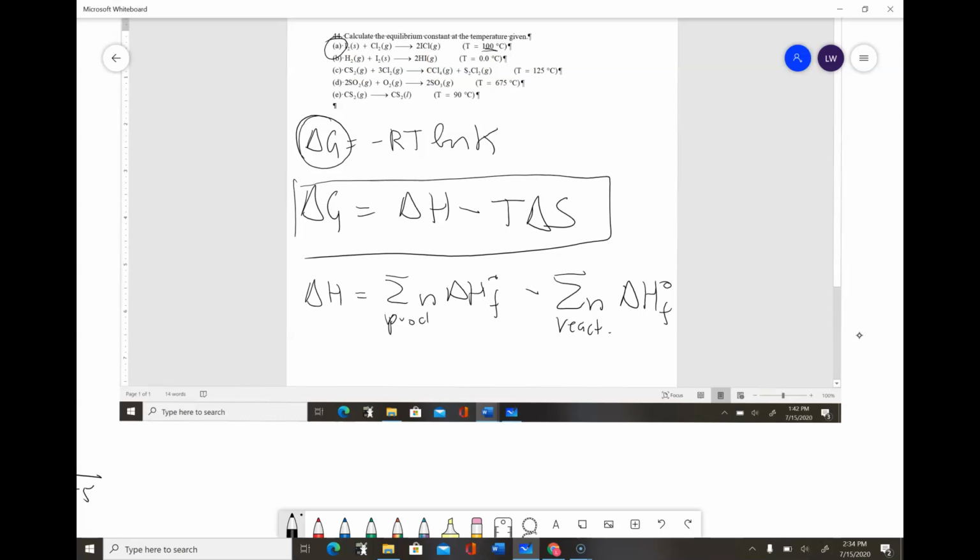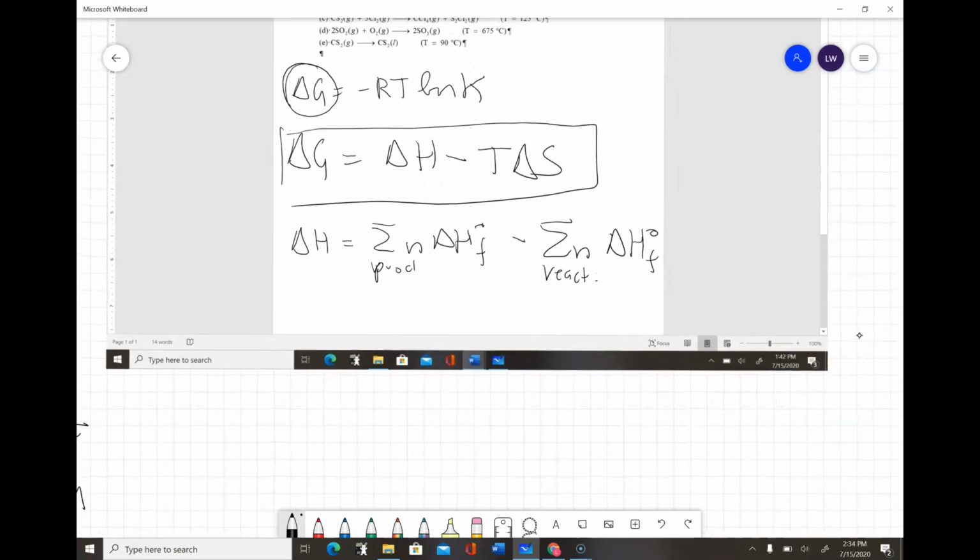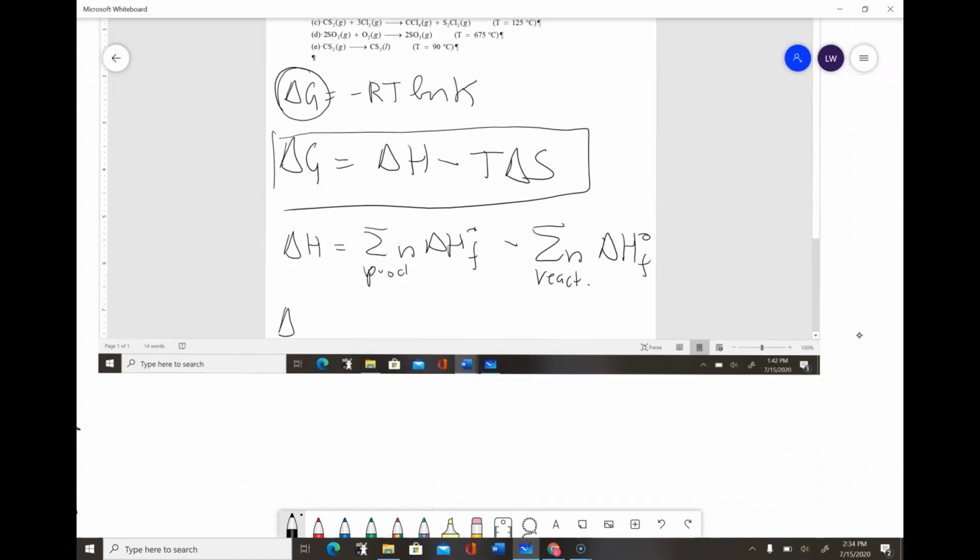And then once I've done that, I've got my delta H, and then I'm going to do the same for my change in entropy. I'm going to take the sum of the standard molar entropies of my products, and then I'm going to subtract from that the sum of the standard molar entropies of my reactants, and that'll give me that value there.